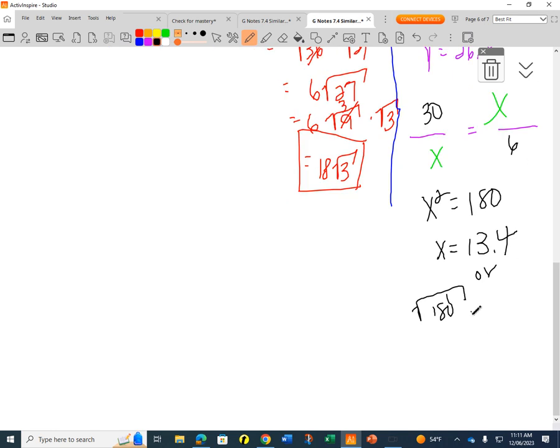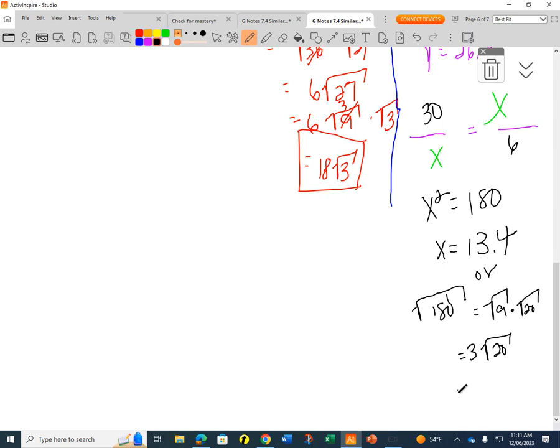I'm going to write this in the perfect square factor that I know first. The square root of 9 times the square root of 20. It's going to simplify to 3 square roots of 20. But now that I look at it, I see that the 20 also has a perfect square in it. What's the perfect square factor in 20? 4, yep.